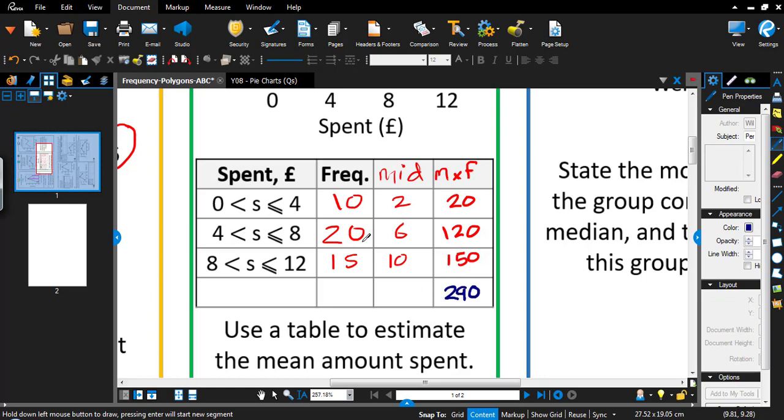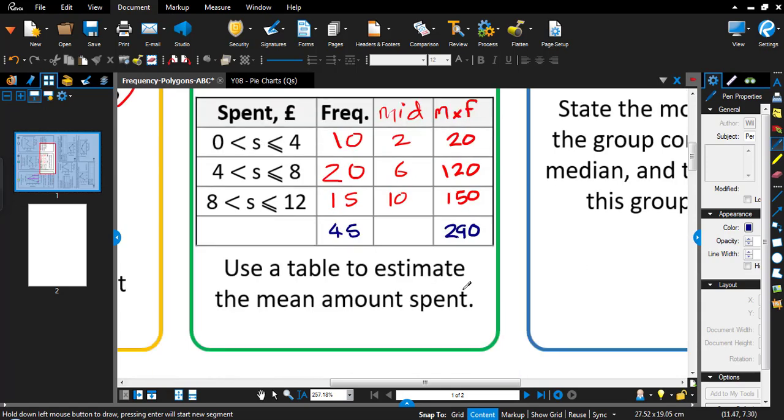And then we add up the frequencies. We got 45, 10 plus 20 plus 15 is 45. And then to estimate the mean, we just divide the total. So we just divide 290 by 45.